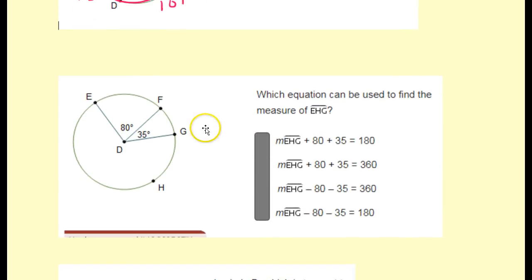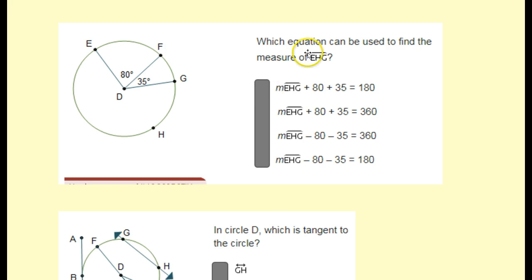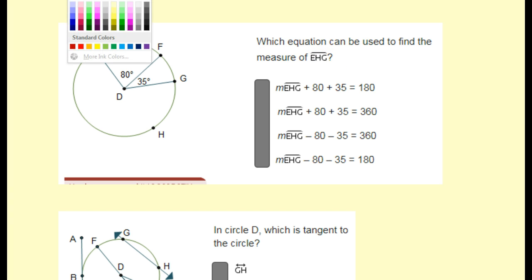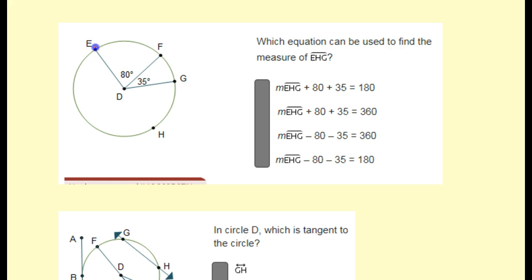Okay, let's move on. Which equation can be used to find the measure of arc EHG? Okay, so EHG goes from E through H and then around to G. All right, so there's the arc that we're trying to find.